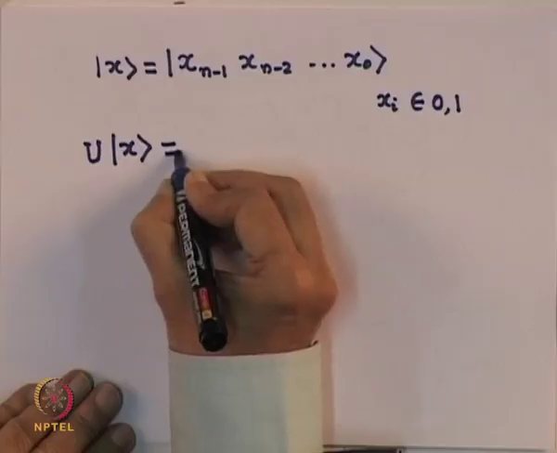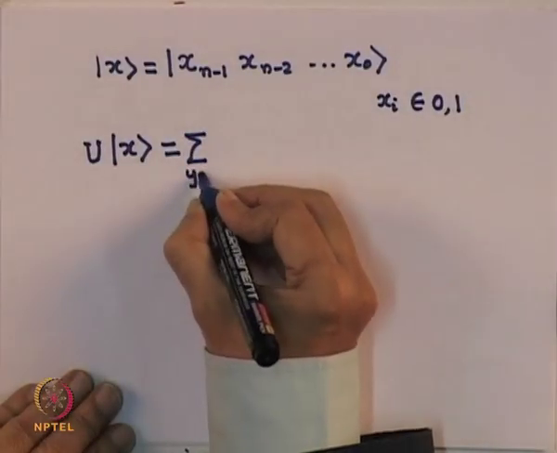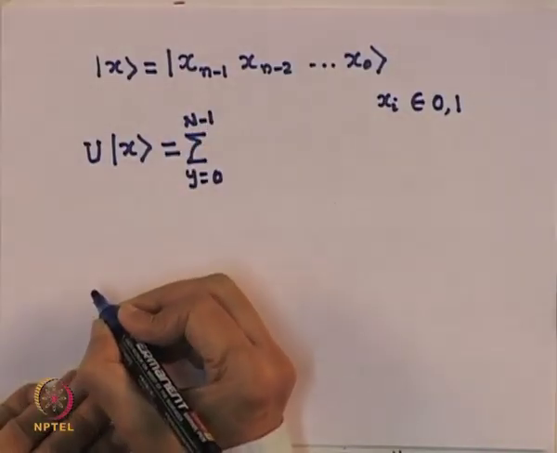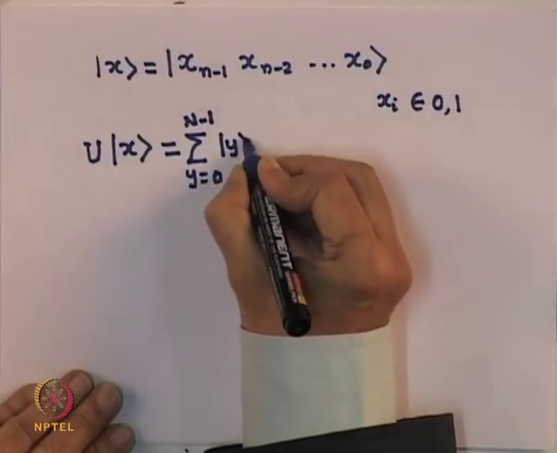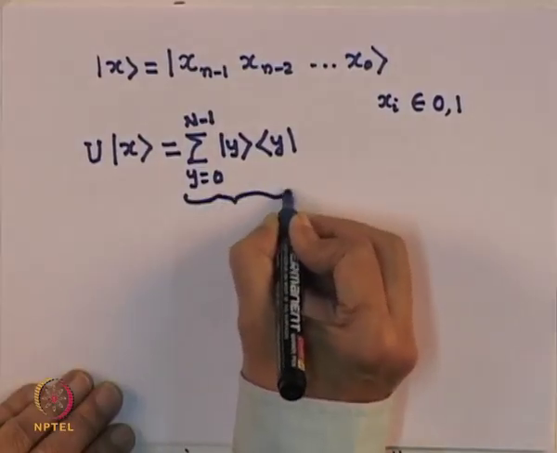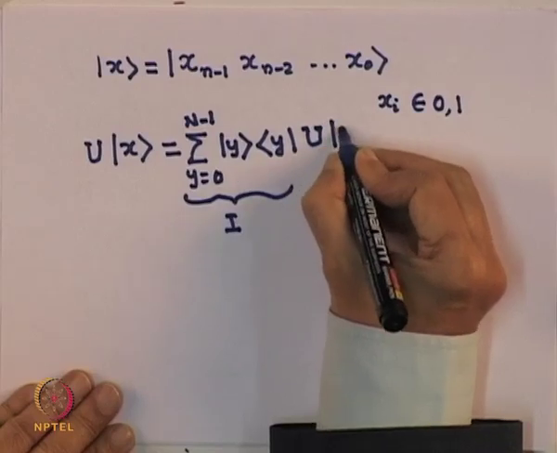Now by completeness, I can write this as a sum over y equal to 0 to N minus 1. I introduce the identity operator here. So this is my identity, and then of course U x.